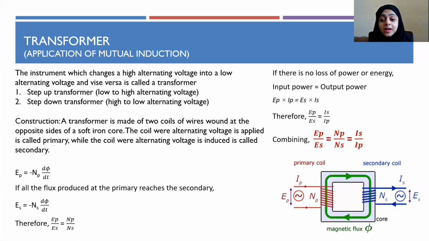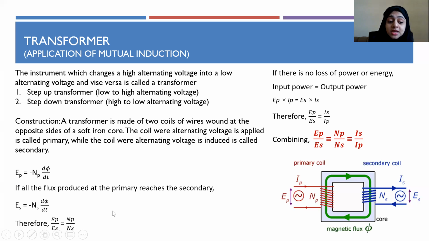So if you apply a magnetic field at one end of this iron, it will become a magnet, and that magnetic field will be there throughout the material. So when we use a soft iron core, the magnetic flux produced in one end will be carried to the other end without much loss. So we assume that all the magnetic flux which is produced at the primary reaches the secondary.